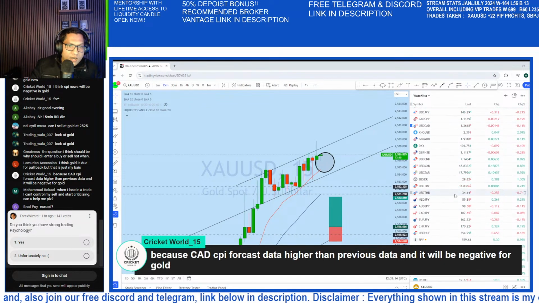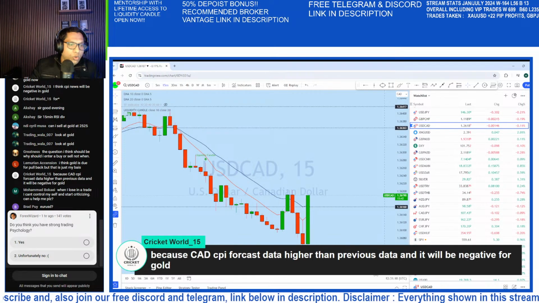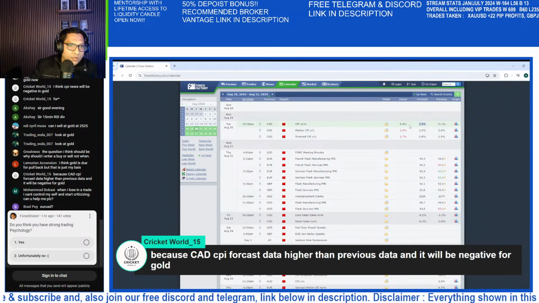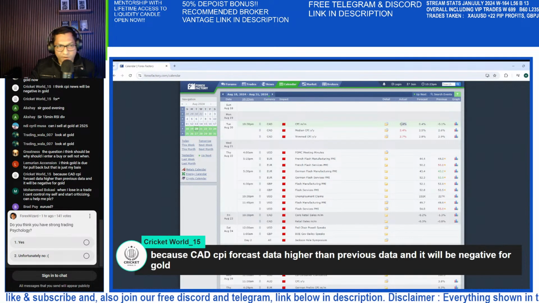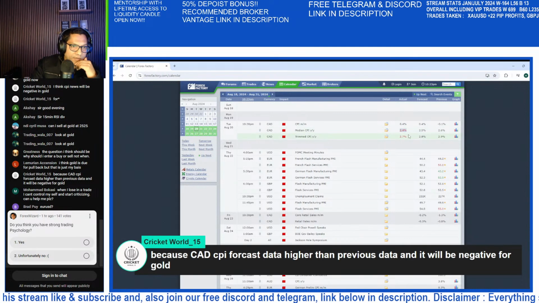So how did the data come out? We can see, yeah, as expected with the CAD data, basically 0.4% forecast. Now, made in CPI and then trim CPI. So we can see that there is mixed information.